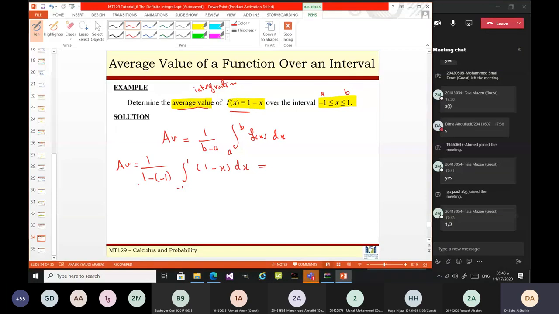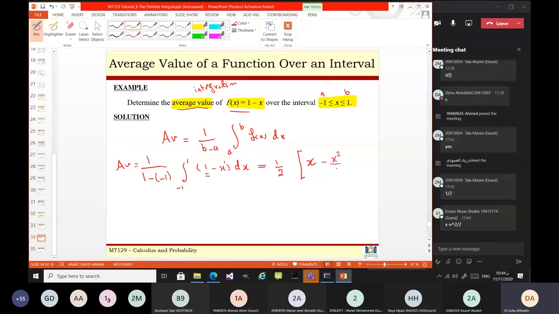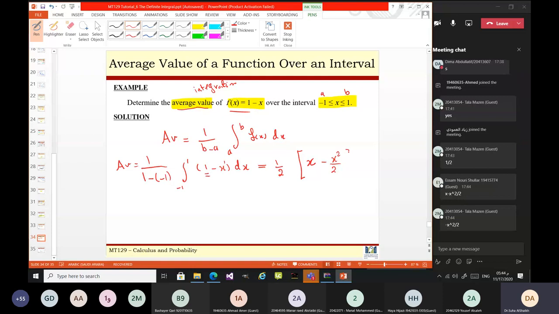Of course 1 over 1 minus minus 1 is half. And what's the integration of 1? Right, it's x. What's the integration of minus x to the power 1? It is minus x to the power 2 over 2, correct?